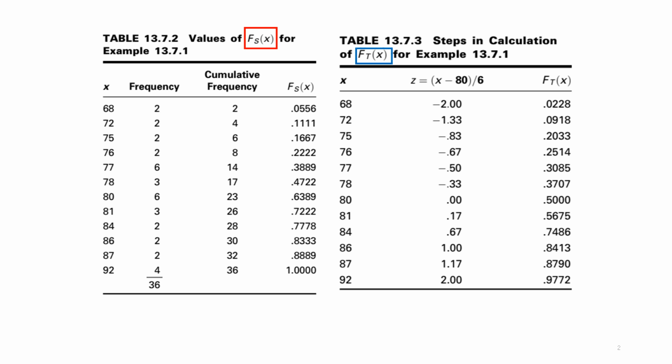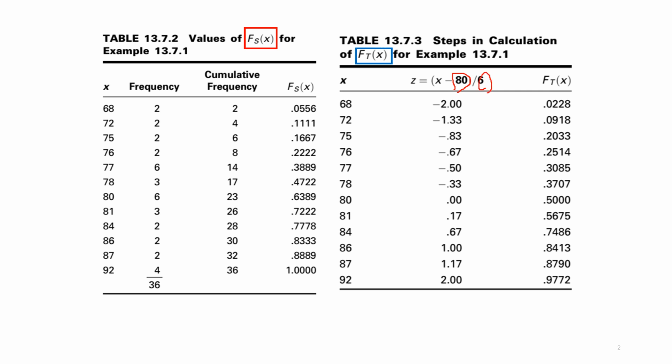Then what if we apply these values to a normal distribution? What would it be? In that case, we have to transform these values into z to get the normal distribution probability. Since we know the mean value is 80 and the standard deviation is 6, remember the standardization formula.